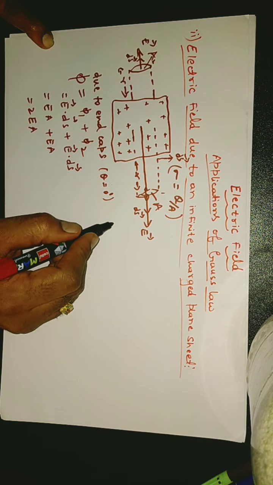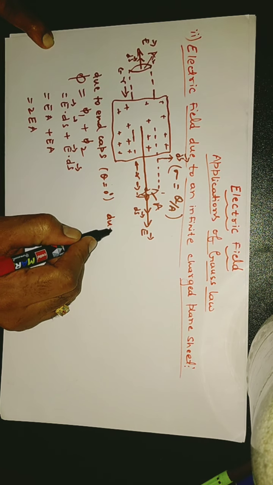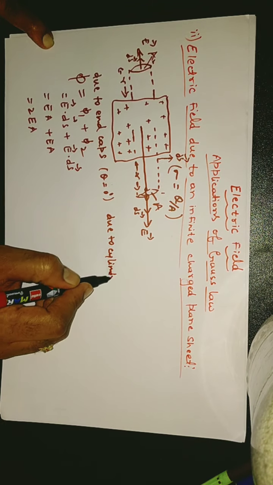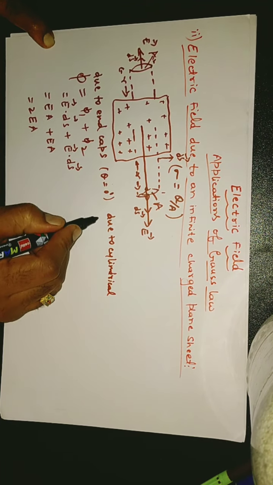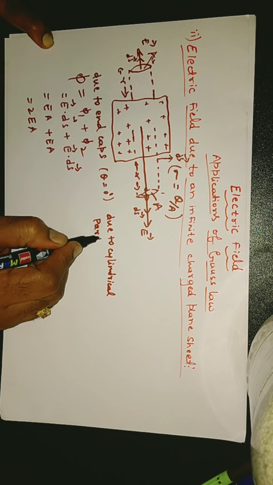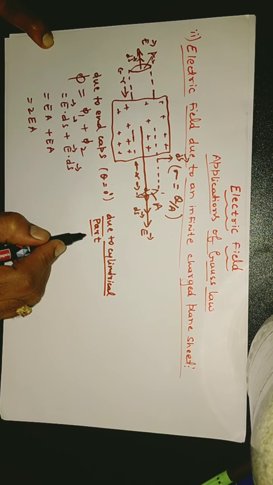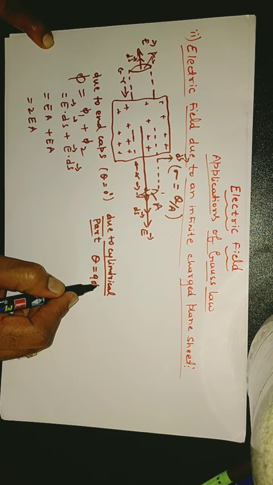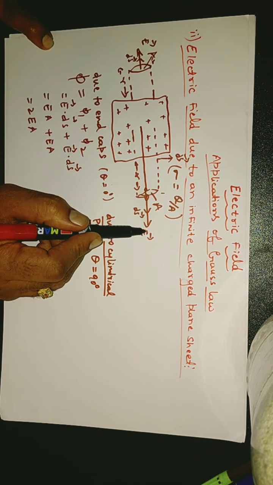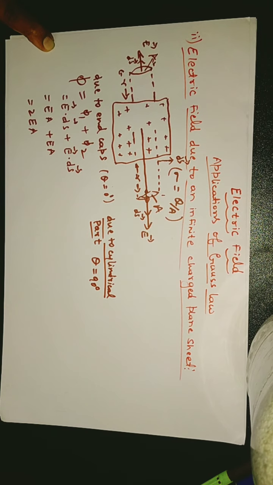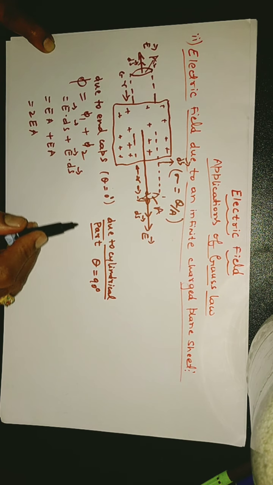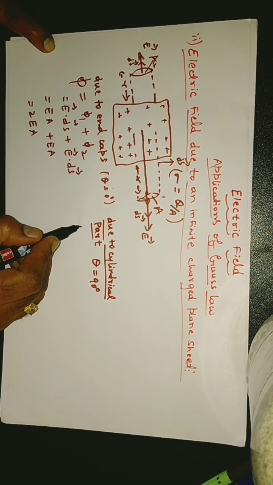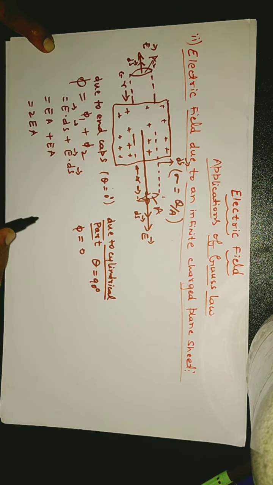Whereas due to the cylindrical part, here theta will be equal to 90 degree, as indicated here, the angle between the electric field and the normal to the surface. Since cos 90 is 0, the flux will be 0.